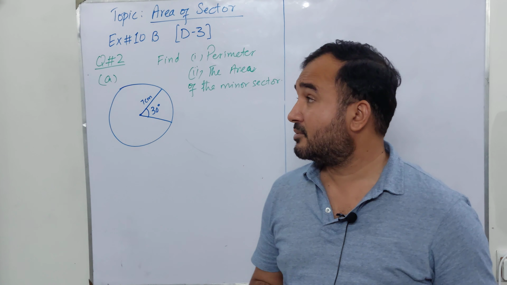So we will just put the area of the sector, which is 385, and 5 by 18, and write the formula of the area of the circle, which is pi r square. So we can easily find the radius from here.